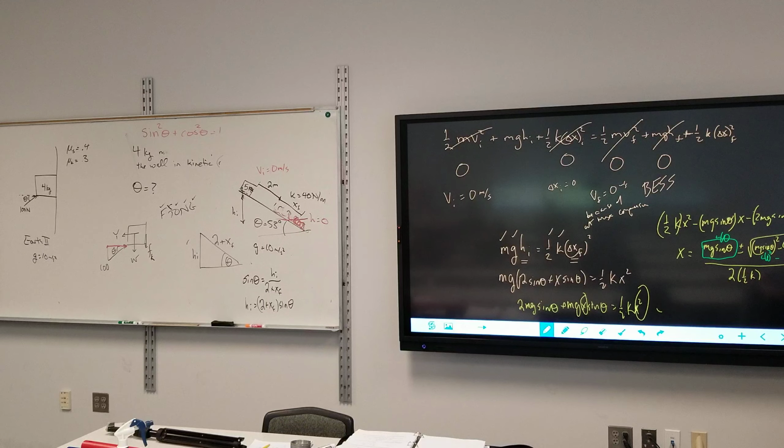Yes, it is 40. k is 40, so half of 40 is 20 times 4 is 80. So that's 80 times 2 is 160 times 50 is 800. Somebody's going to tell me. That's going to be 40.